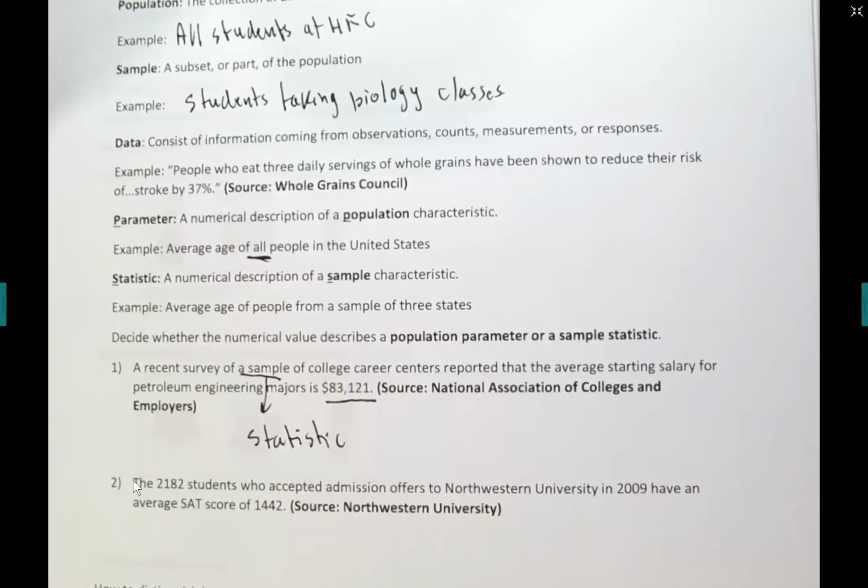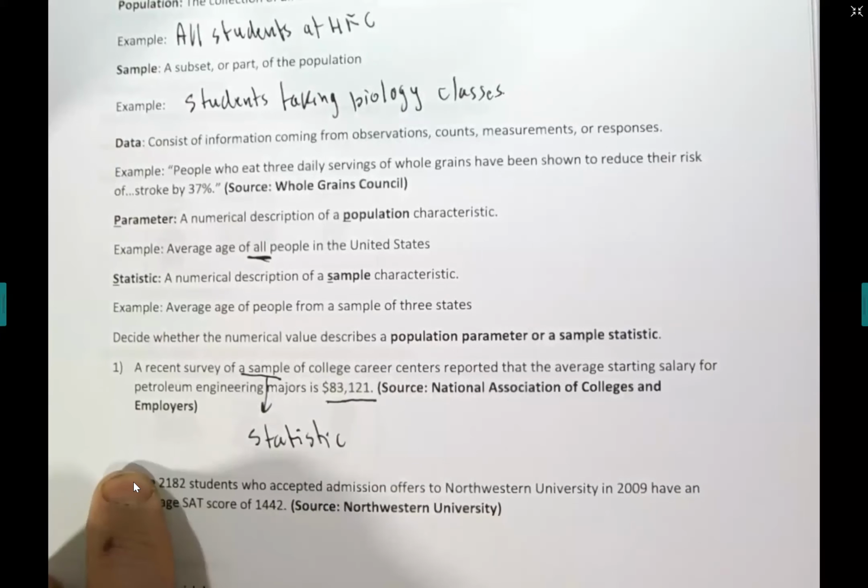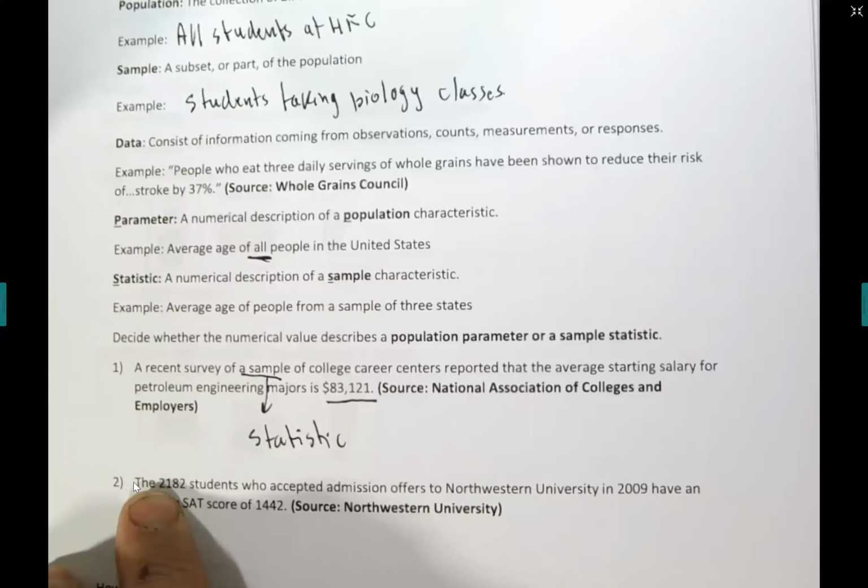Because of this word right here, guys. It says the 2,182 students who accepted admission offers, and that includes everybody. If that wasn't there, just 2,182, then someone can say probably this is not all the students, just a part of them. But once it says the students who accepted admission offers, that includes everybody.